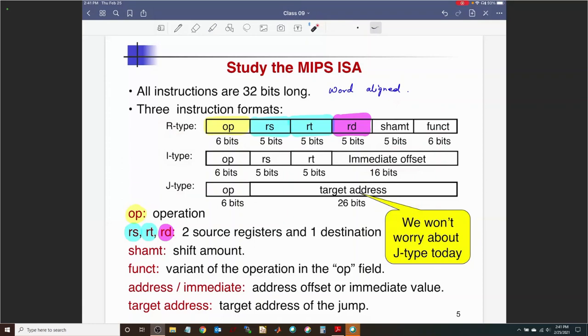So all of that is part of the I instruction, right? And then the last one is the target address, which is essentially for the jump instruction. If you wanted to jump around in your memory to start execution of an instruction at a different place, then you can use that jump instruction. We'll be focusing on R and I today.